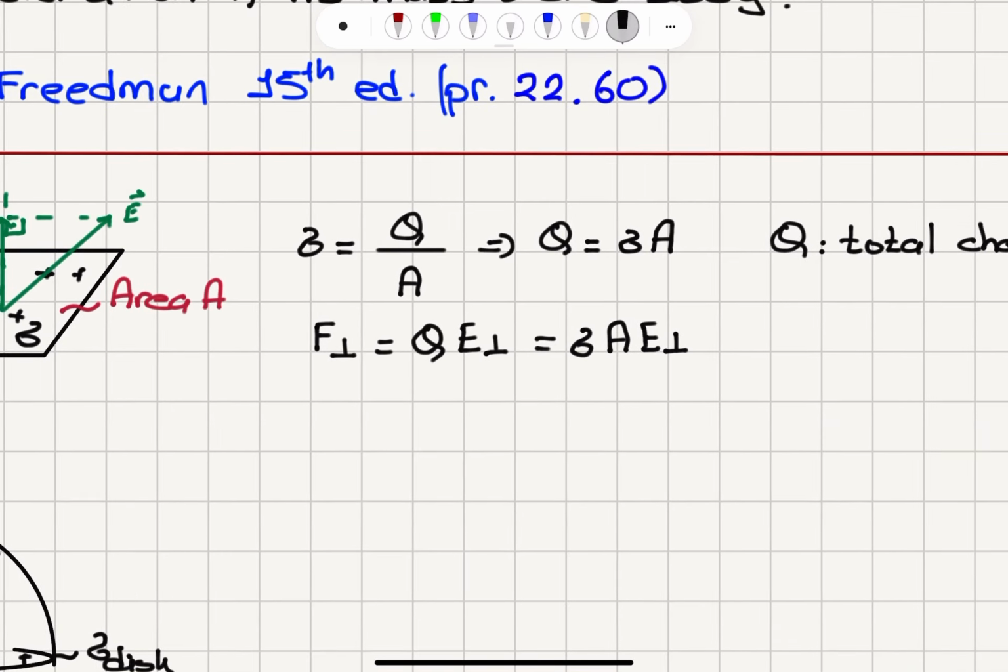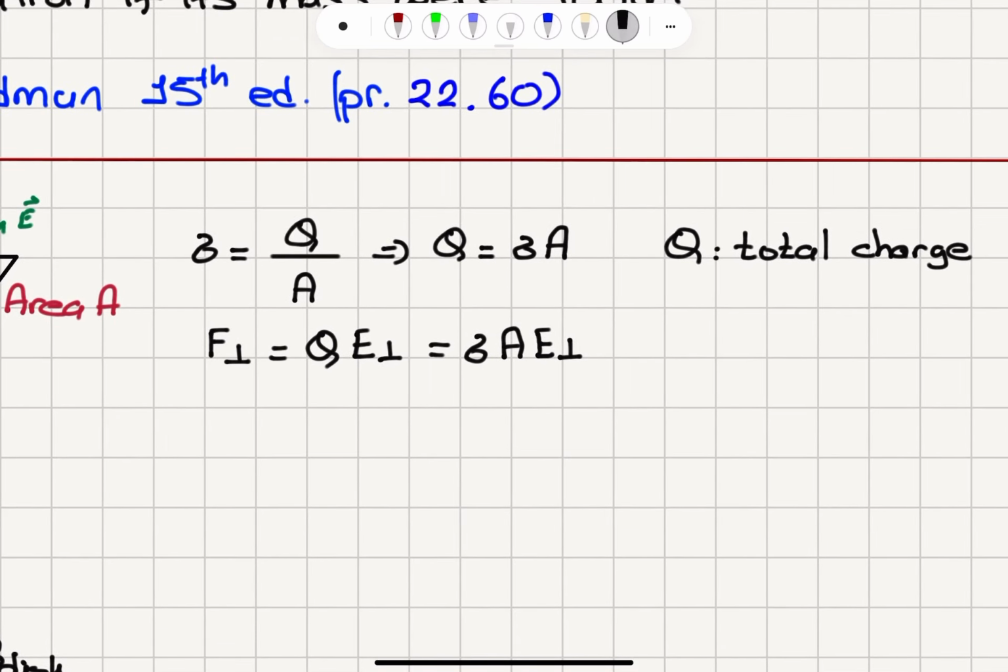So that's nothing but the electric flux. So phi E is equal to the external electric field dot product with the area vector, that is the electric flux. So this is equal to E perpendicular multiplied by A, because the area vector is perpendicular.